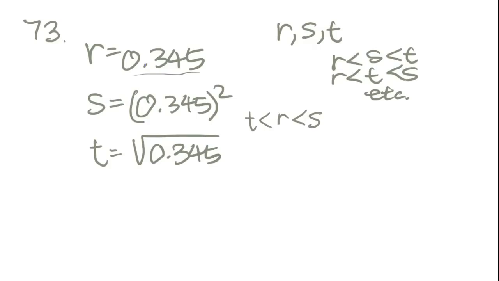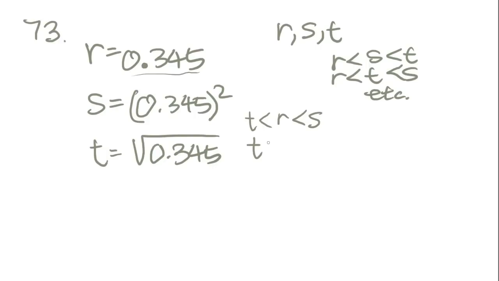However, since we do have a decimal, you have to remember that when you multiply a decimal by itself, you're actually going to get a smaller number. So the correct answer is actually going to be reversed. When you take a square root of a decimal, you're actually increasing its size.